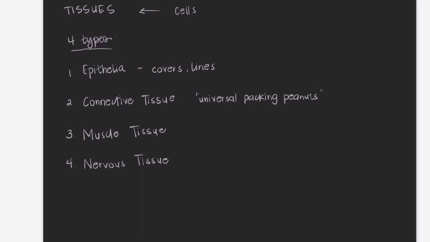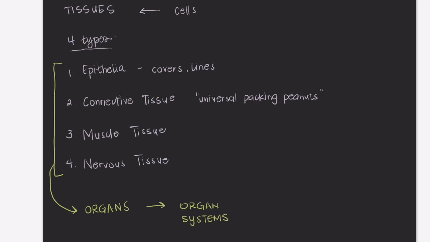And all of these 4 types of tissue come together and form our different organs. For example, our stomach, our heart, even a muscle you would consider an organ because it has connective tissue and nervous tissue along with it. Organs are going to come together to form organ systems. And then organ systems come together to form our organism.